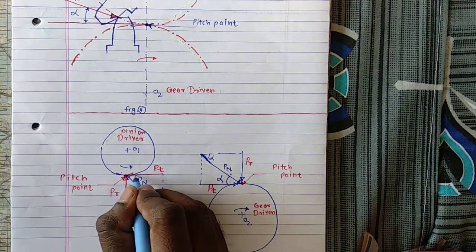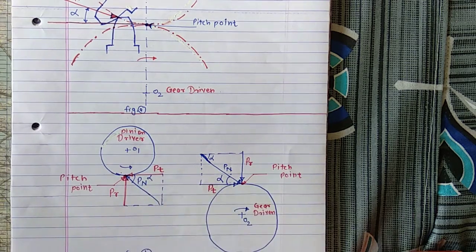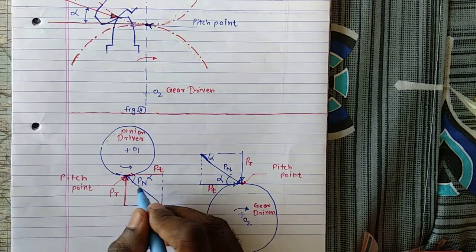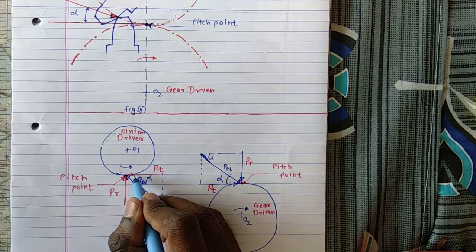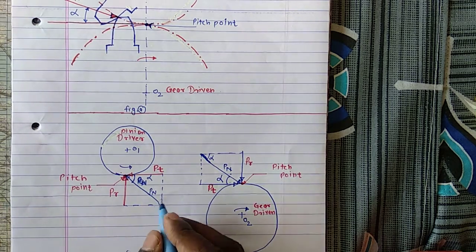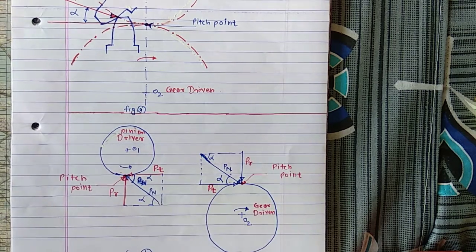We know that this angle is nothing but angle alpha. This angle is alpha and this is force P. If this angle is alpha, then this angle will also become alpha.